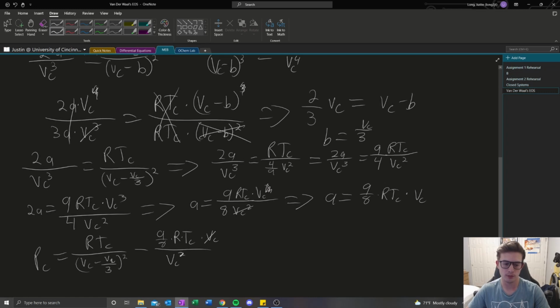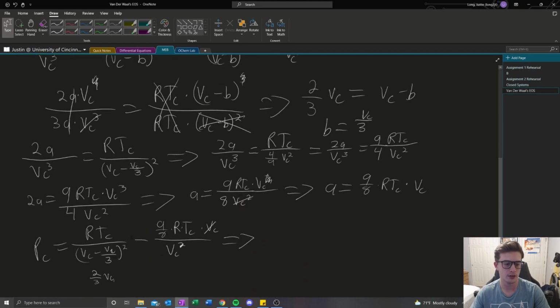So this will cancel, we'll end up with that, and then we notice that this here is going to end up being 2/3 BC. And I think I made a mistake. Yeah, this is not squared. I was pulling that from the derivative. That is not squared. So we just end up with 2/3 VC from this value here.